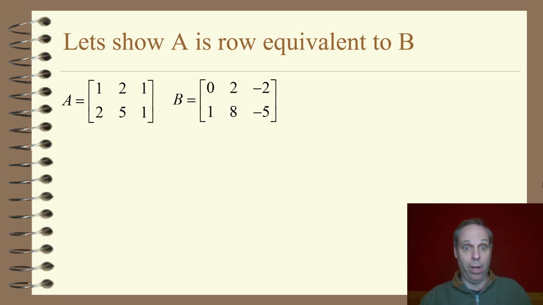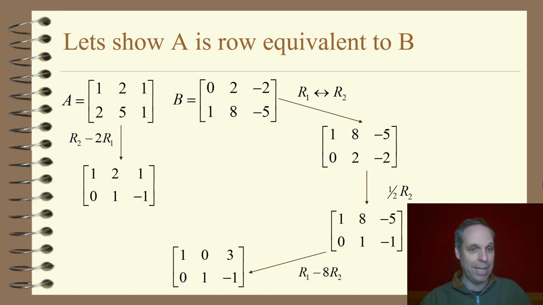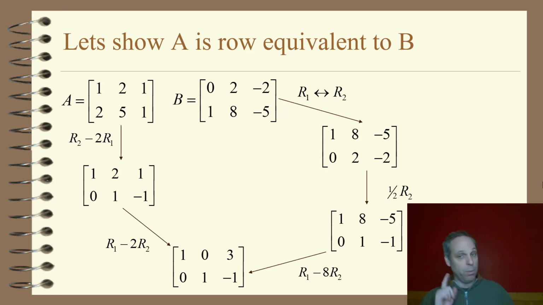Basically what the proof said is that if you row reduce B through a sequence of row operations to a row echelon form, and then take the matrix A, and you happen to row reduce it to the same row echelon form, then A and B have to be row equivalent because there's a sequence of row operations to go from A to B. To see why, remember in the proof, there are row operations to go from B to R. You can reverse them all.